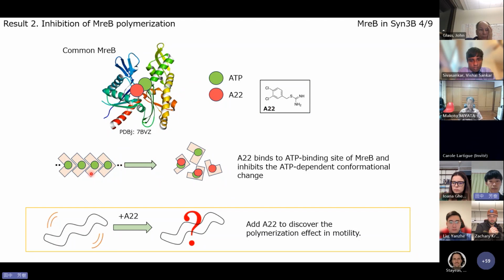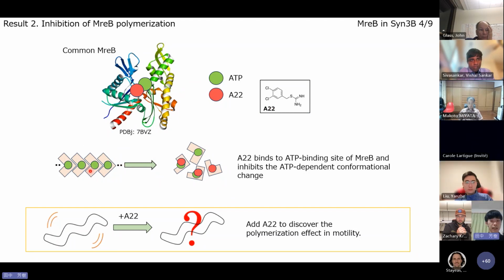Normally, MreB becomes able to polymerize by conformational changes due to ATP binding, but A22 inhibits this conformational change and disables the polymerization. Then, what happens to the cell when A22 is added?